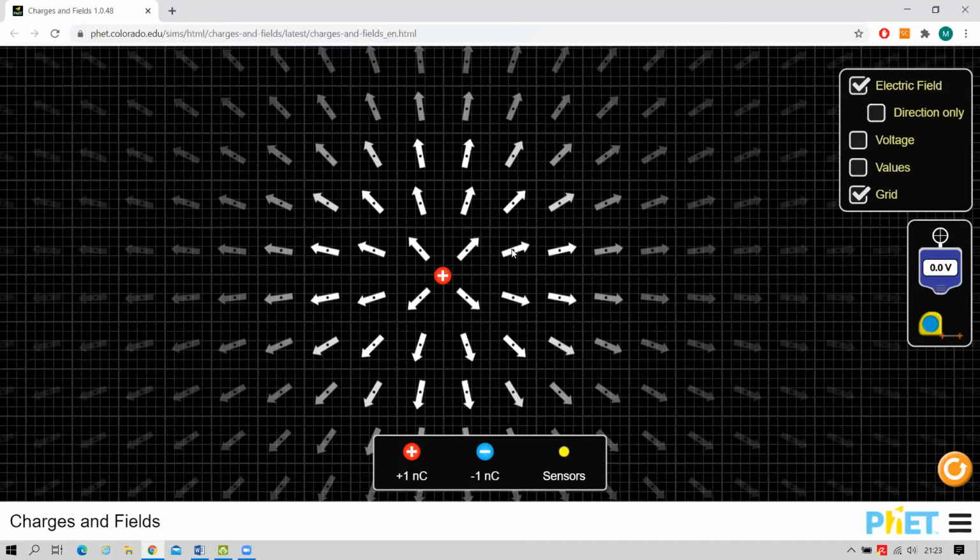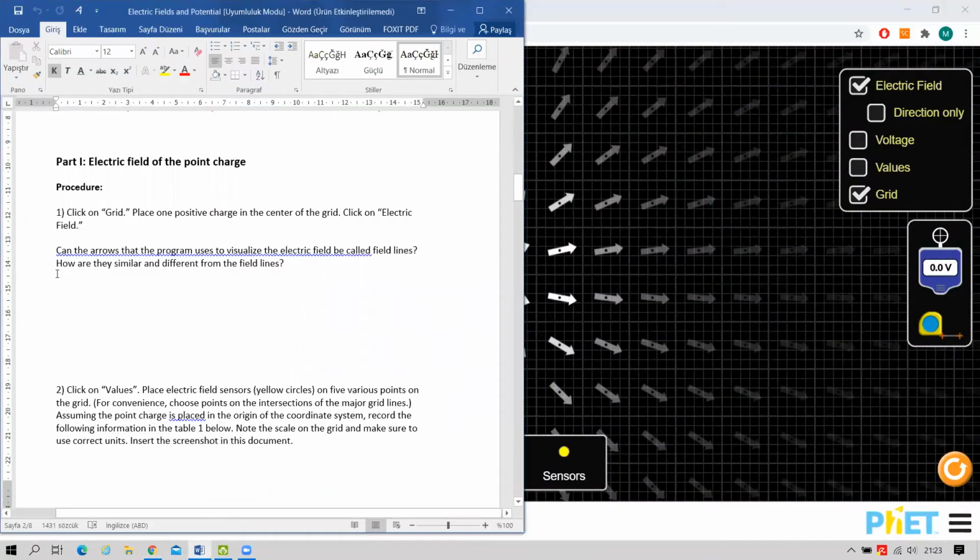So this is the answer to the first item of the first question in your report. What was it? Can the arrows the program uses to visualize the electric field be called field lines? The answer is no, and you should type the reason.